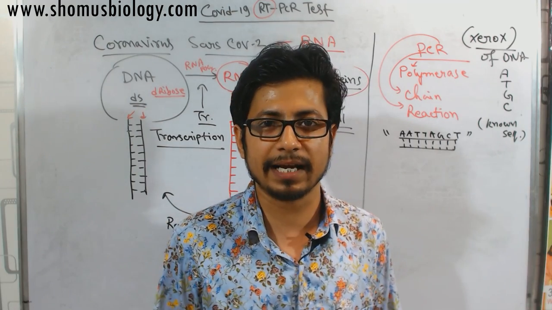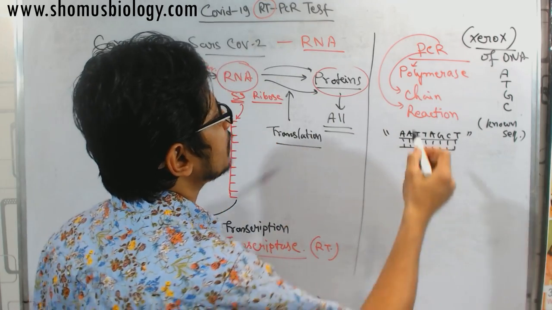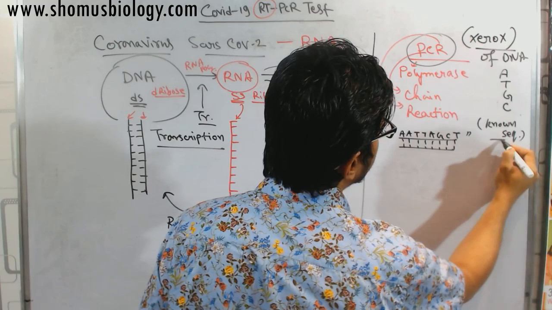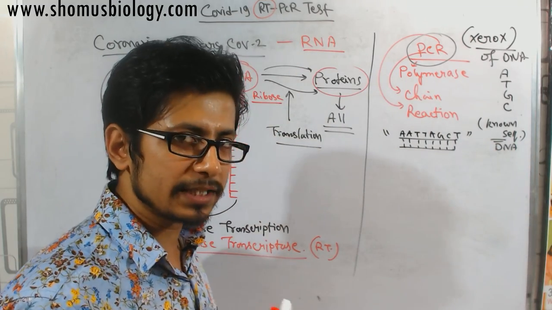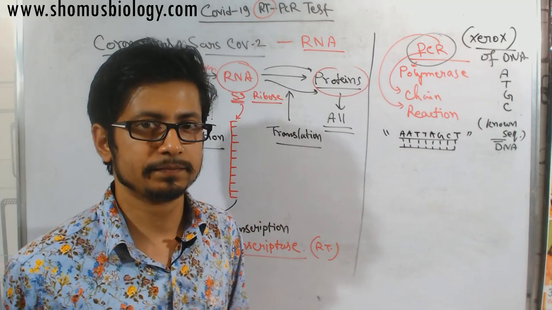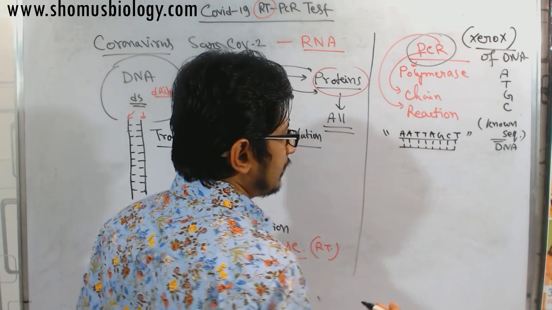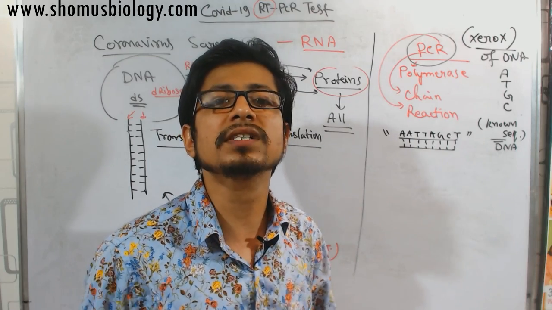They will give you 10 lakh. No matter how many copies you want, they can give you that. The same thing happens with PCR. We take a known sequence of DNA and we can make as many copies as we want from that single DNA.